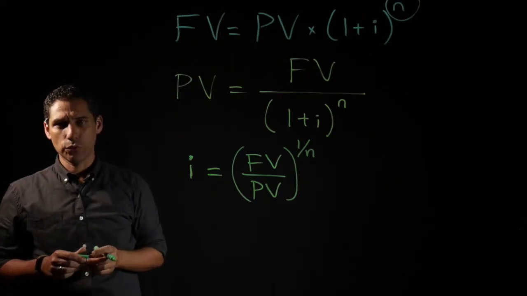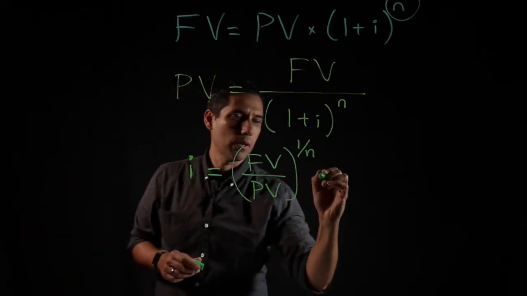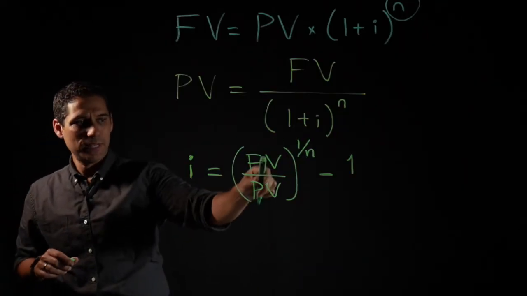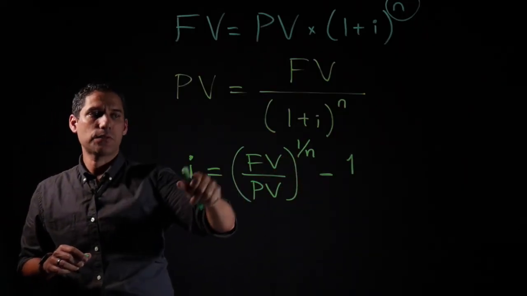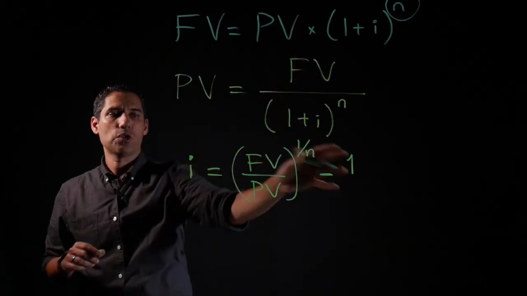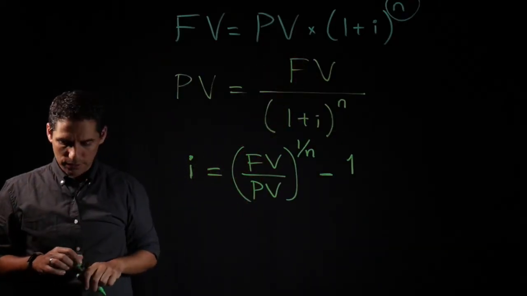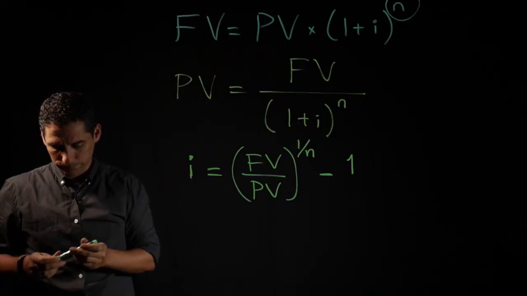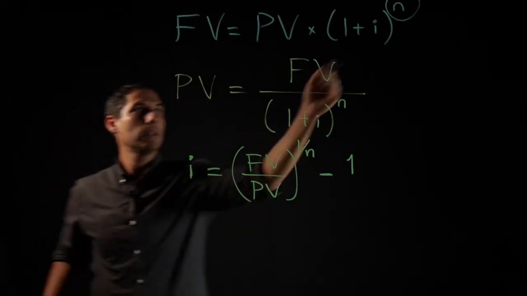So that's the nth root, right? Minus 1. So when we know this PV, FV, and n, the interest rate that satisfies this condition will be given by this formula. And the last piece of the puzzle is n.